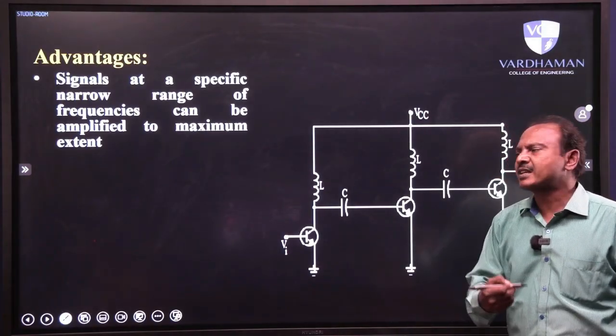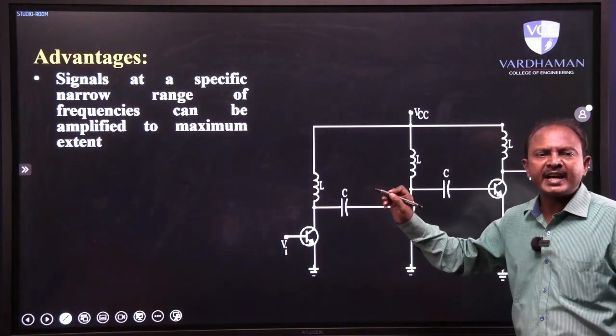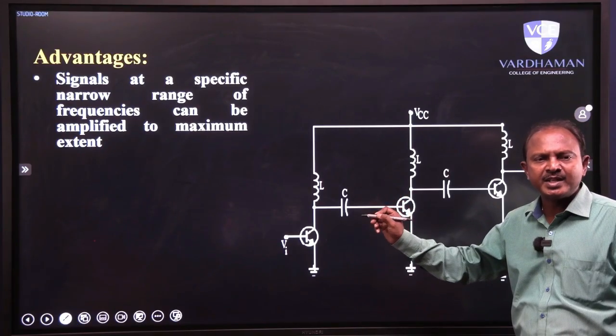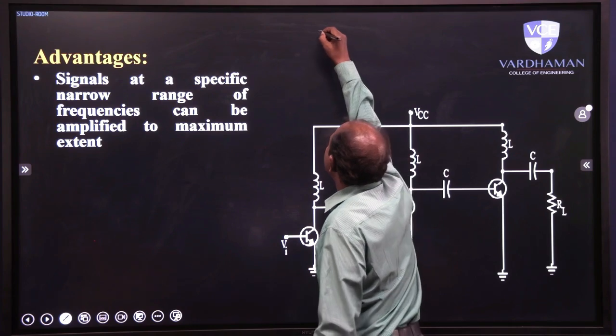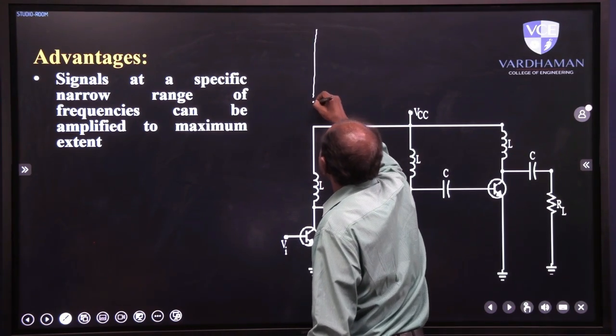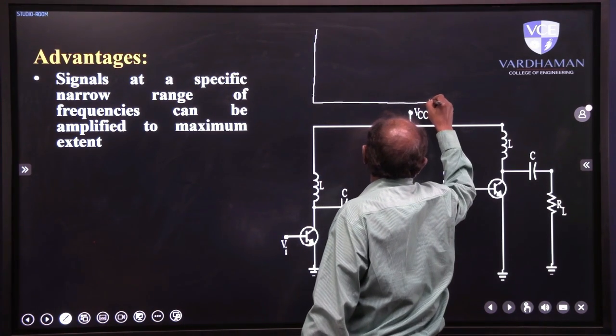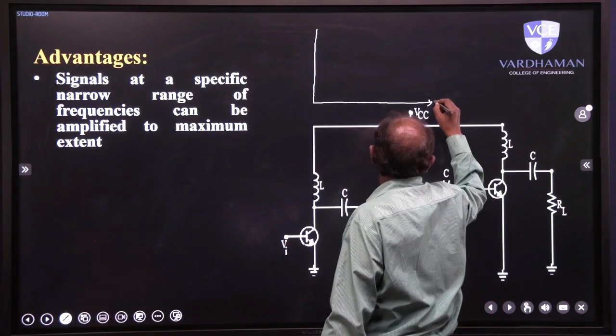If you look at the first advantage, signals in a specific narrow range of frequencies can be amplified to the maximum extent. Of course, this can be understood by considering the frequency response of tuned circuit coupled amplifiers, or tuned amplifiers otherwise.